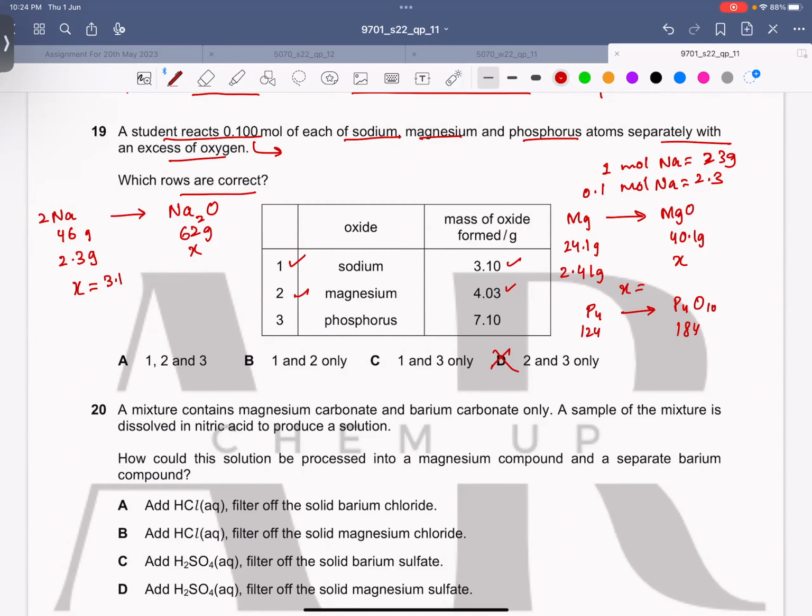So if I have 12.4 more, why is it 220, 284, 2.84?